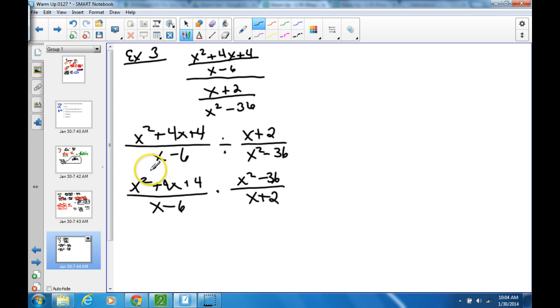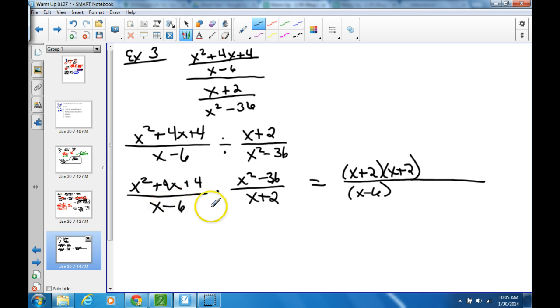So if you use the box method on this top one here, you end up with x plus 2 times x plus 2. And I can't factor out x minus 6 any more than it is. And I have an x plus 2 here. But what can I factor this x squared minus 36 as? x minus 6 and x plus 6, right? That's that difference of squares one.